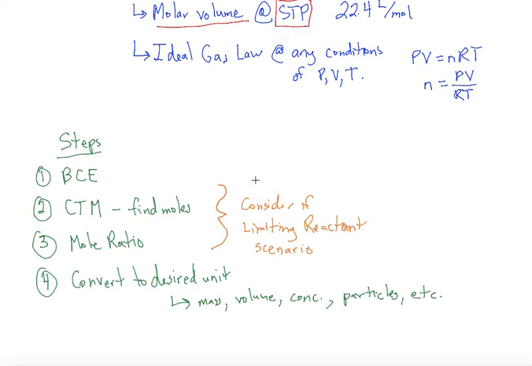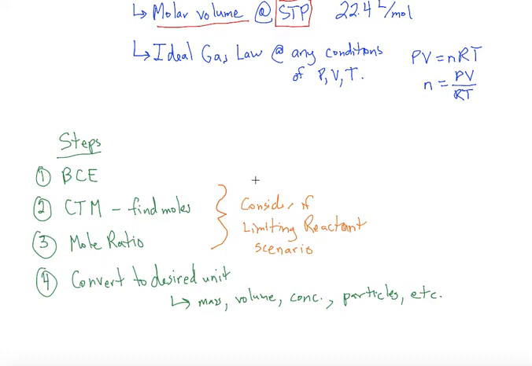As soon as one of those reactants runs out, nothing else can be made. So if you have information about multiple reactants, you have to treat it as a limiting reactant problem and do the mole ratio with each to figure out which produces less of the product. Those are your steps to a stoichiometry problem like we saw before.